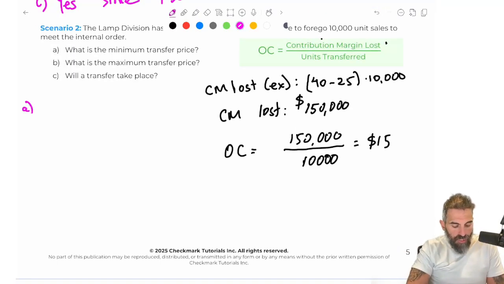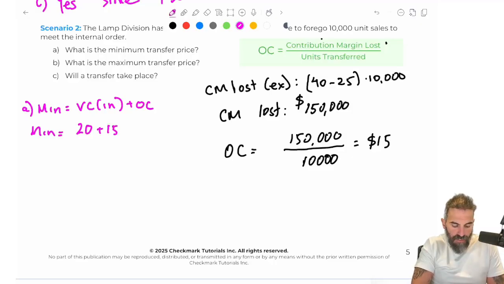So when you go to calculate the minimum transfer price, remember the minimum transfer price is your internal variable cost plus your opportunity cost. In this case, internal variable cost is 20, we spoke about that earlier, plus the 15. So they would have to charge $35. That's their minimum price. But the max is still 32. So now would a transfer take place at $30?